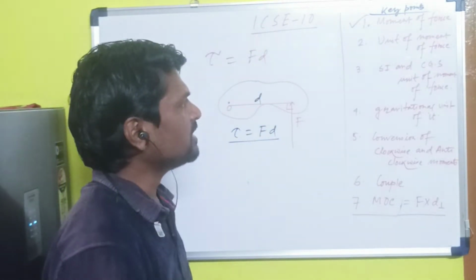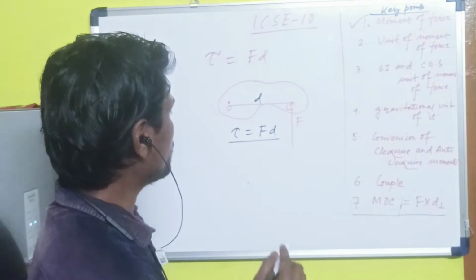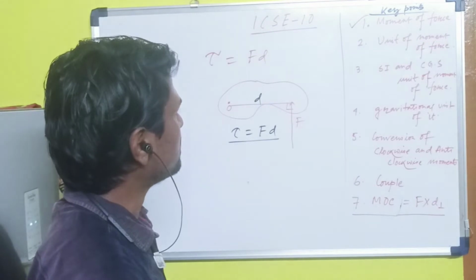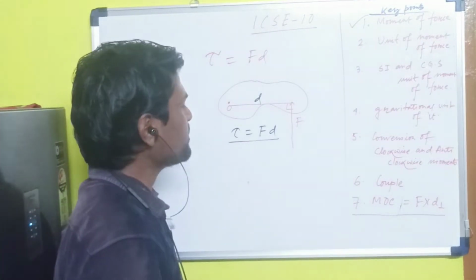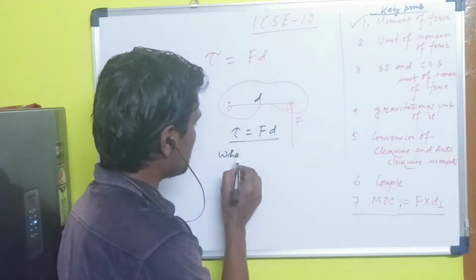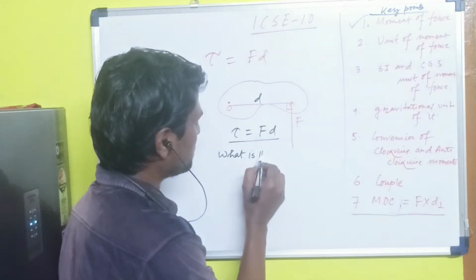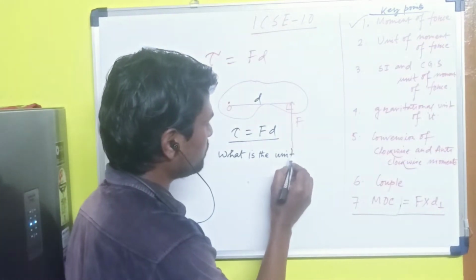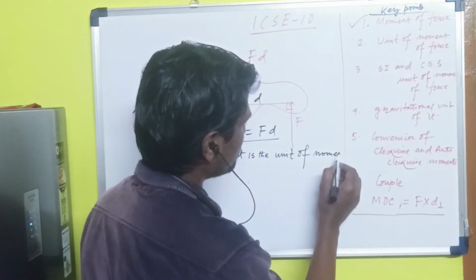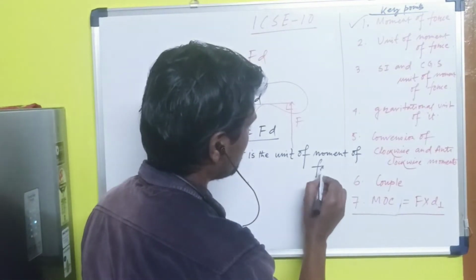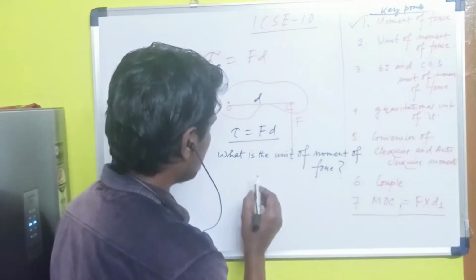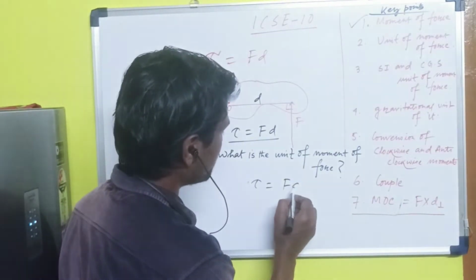The next one is the unit of moment of force. What is the unit of this physical quantity, moment of force, which is denoted by tau? Tau equals force into distance.